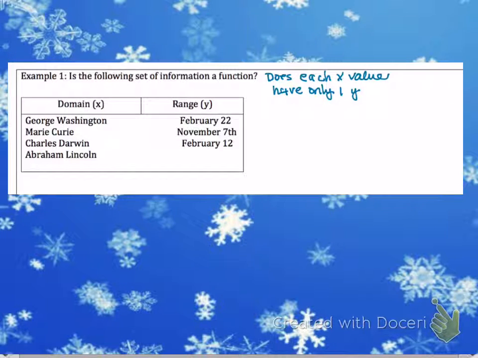So the x's can't repeat with a different y value in order to be a function.